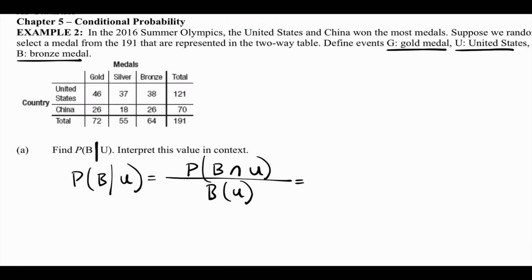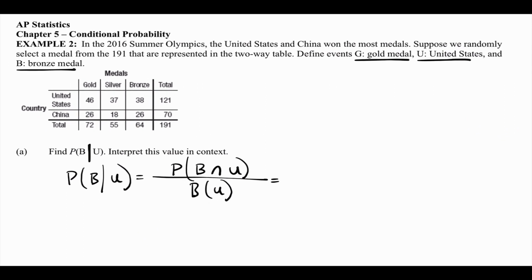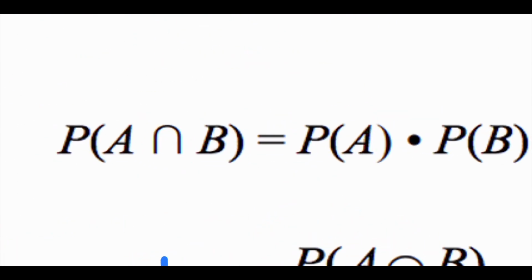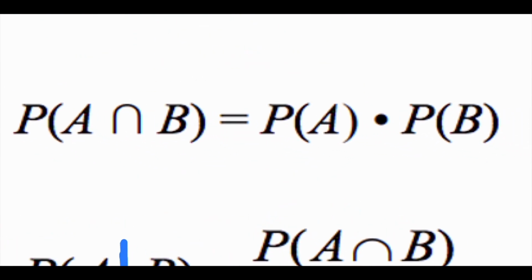And I don't know if they're independent events. I haven't checked that yet. So I have to use this formula, the general multiplication rule. You can never go wrong with it. The only time we use the other formula is when we know for a fact they are independent.